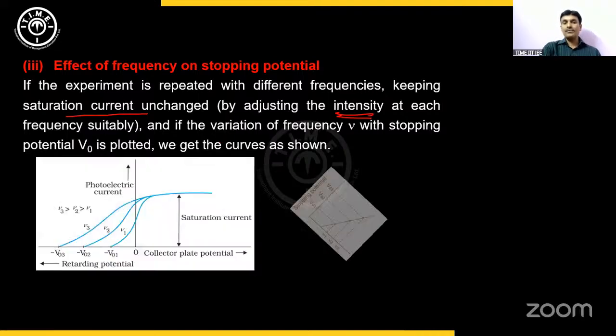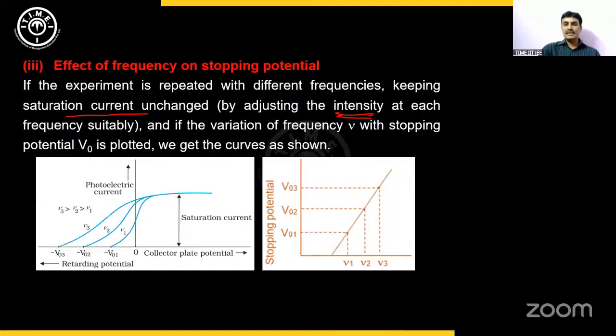The graph looks like this. See, three different radiations, three different frequencies, but the same intensity. As they have the same intensity, the saturation current is the same for all three radiations. But see the stopping potentials: minus V naught 1, minus V naught 2, minus V naught 3. V naught 3 is for the radiation with high frequency, nu 3.